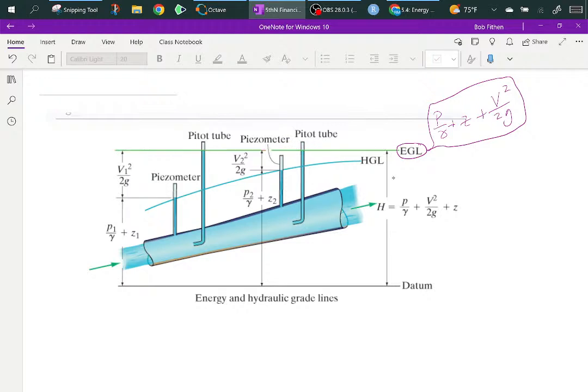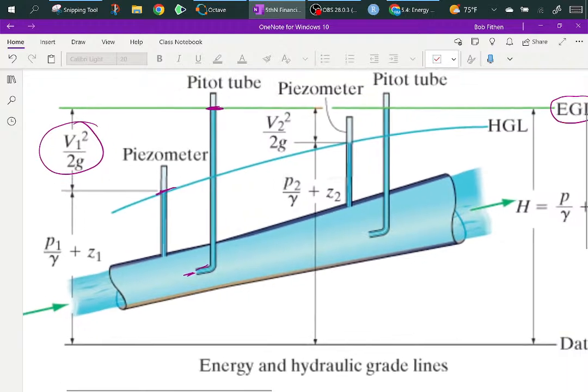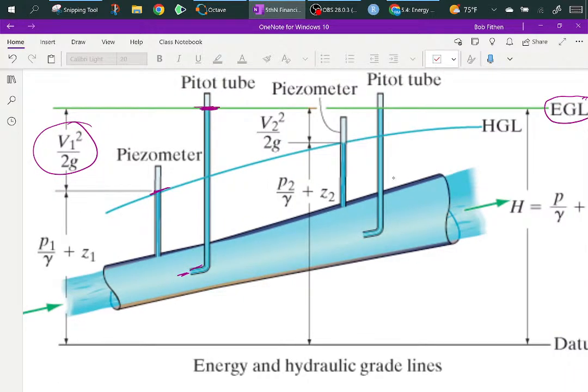If, for example, what he's doing here is he's attaching a pipe just to the side of the thing, then you're getting all the energy except that. Then if you put the thing so it stagnates here, it goes all the way up to the energy line.